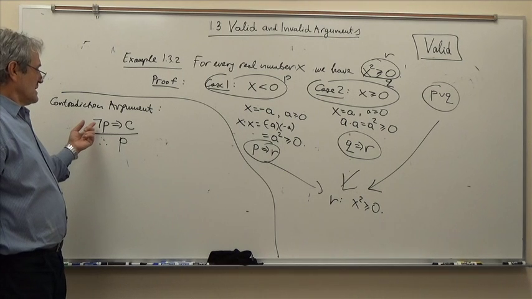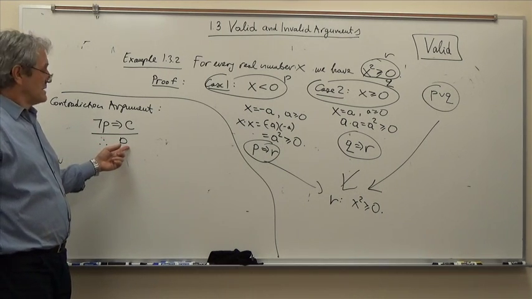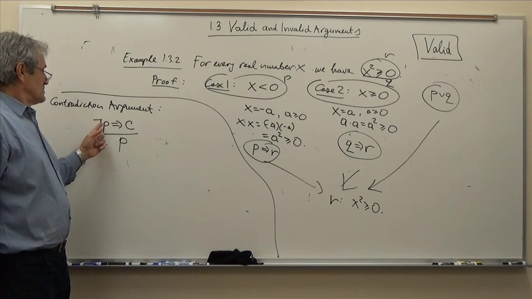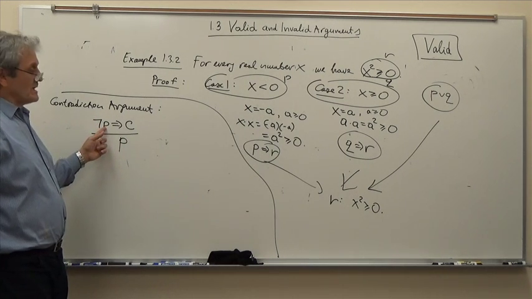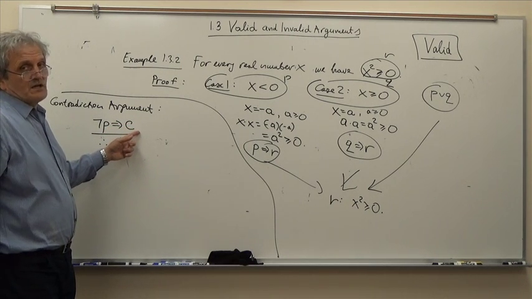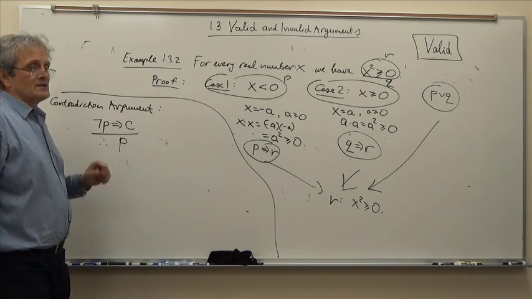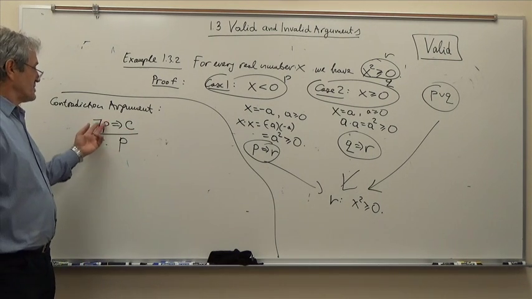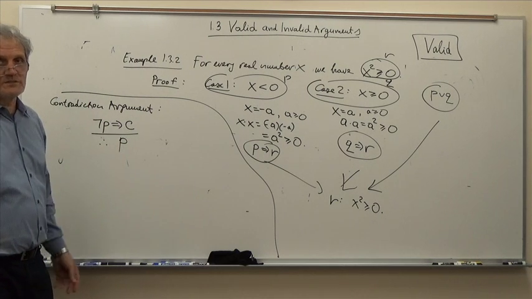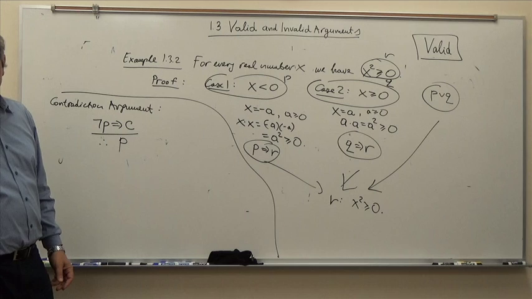It says the following: if we want to prove p, then what we do very often is assume the negation of that statement, not p, and if that helps us to reach a contradiction, which is something that's always false, then that justifies that p itself is true. Like if not p got us in trouble, then it must be that not p was wrong, and if not p is wrong, that means that p is correct.